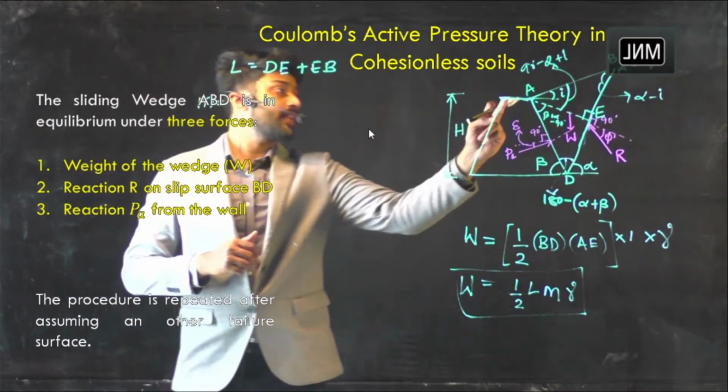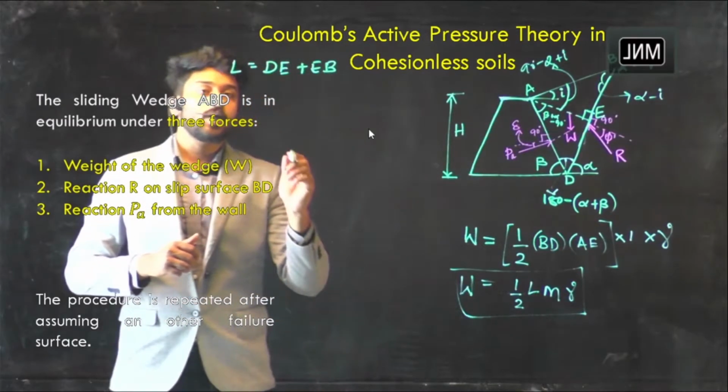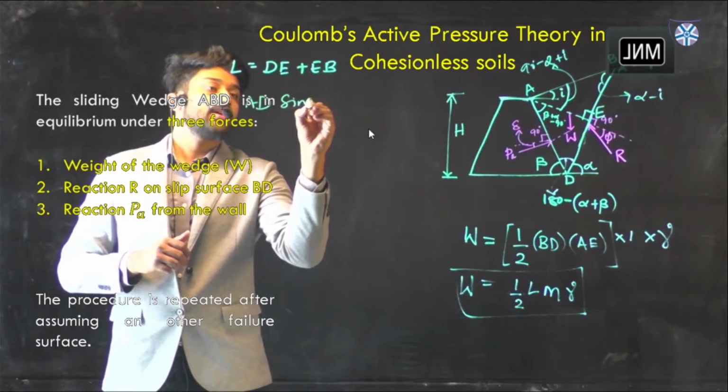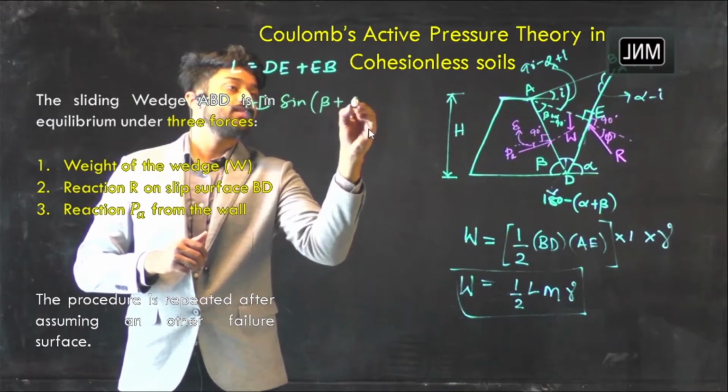From triangle AED, M may be obtained as AD into sine of beta plus alpha.